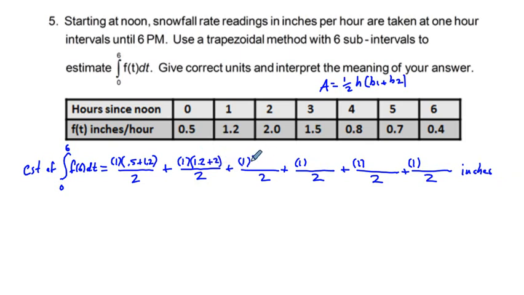The next one, we're going to have 2 plus 1.5. Next, base 1 is 1.5 plus 0.8. Then the next one, 0.8 plus 0.7. And our last trapezoid is going to have a base 1 of 0.7 plus the base 2 of 0.4.